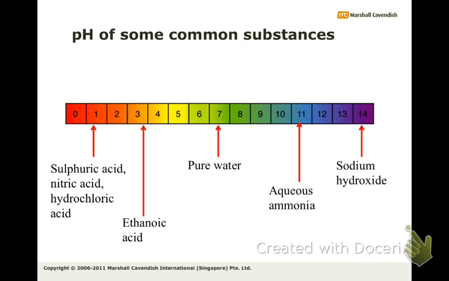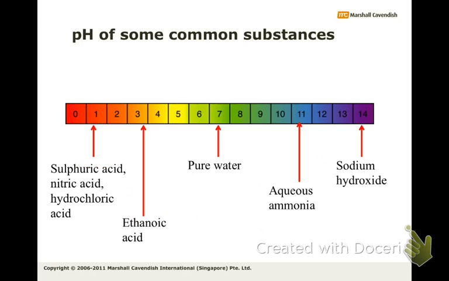Your sulfuric acid, nitric acid, and hydrochloric acid are pretty strong acids, so the pH is about 0 to 1. Your ethanoic acid is one of your weaker acids. When you talk about organic acids, those carboxylic acids and so on, they are very weak acids, so the pH is probably from 3 to 4.